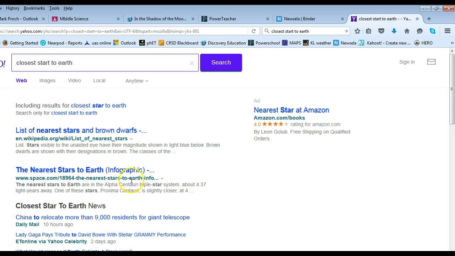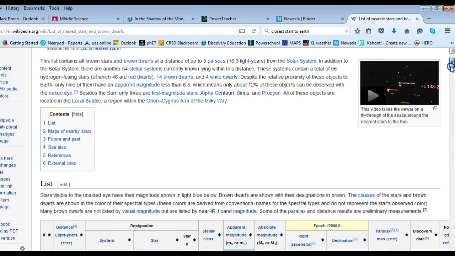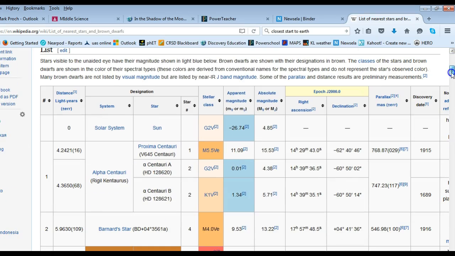So we look that up. Got a list here. So we have the Sun, Proxima Centauri is 4.241 light years away, which is pretty far, a little more than a parsec. And then parallax, let's see if it has our parsec in here.